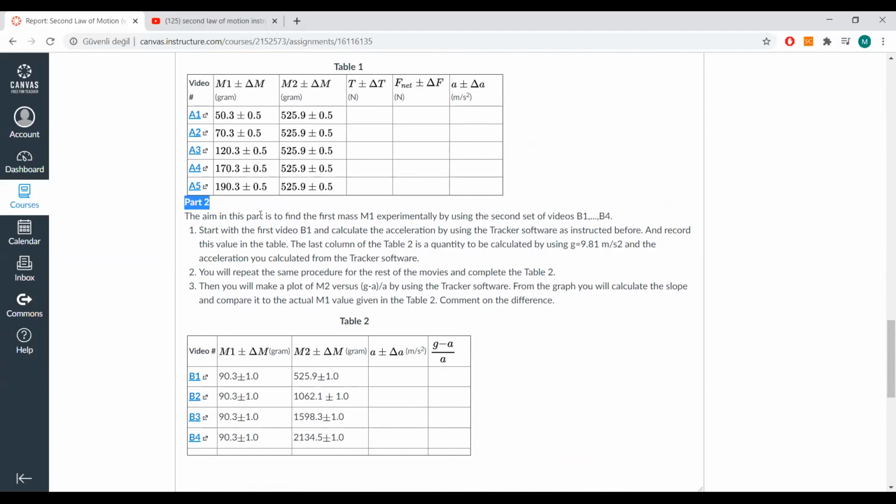In the second part of the experiment, the aim is to see the effect of the mass in the relationship between the force and the acceleration. That's why the M2 mass is changed at this point.